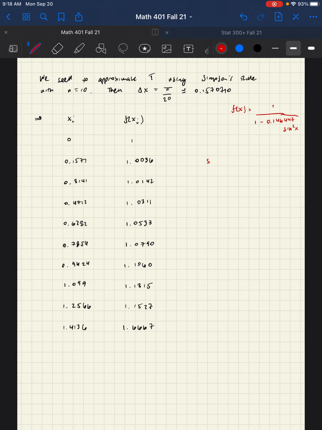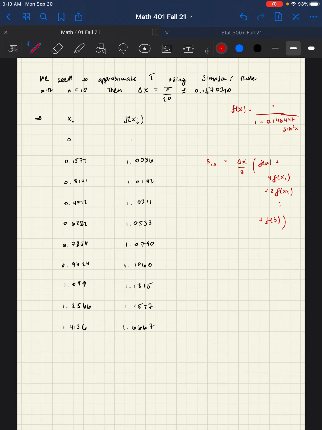Which means in order to find the actual S sub 10 that I'm going to perform, right? So remember, S sub 10 is delta x divided by 3 times the first function value, plus 4 times the second function value, plus 2 times the third, and so on, right?